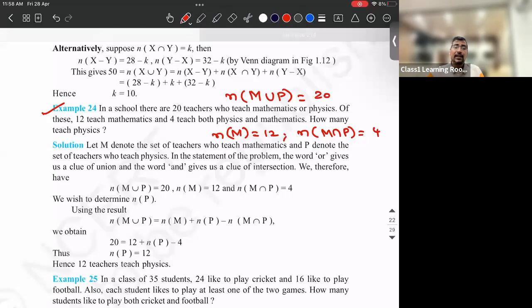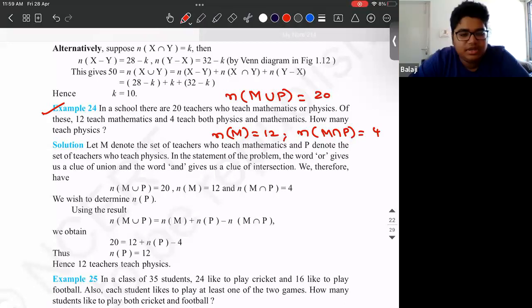Then how many students like to play cricket and football? N of C intersection F is how much? Sir, could you show the whole question, sir? That's the whole question.